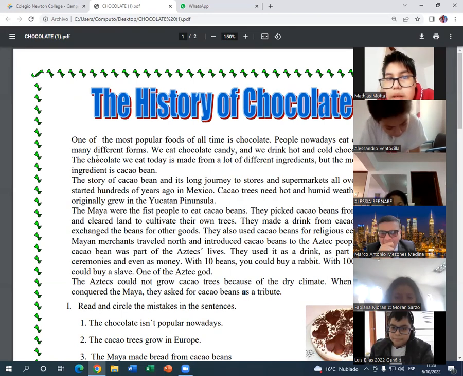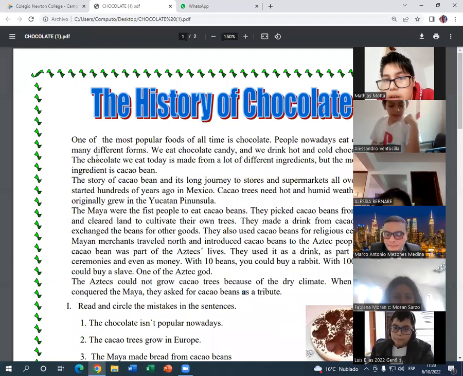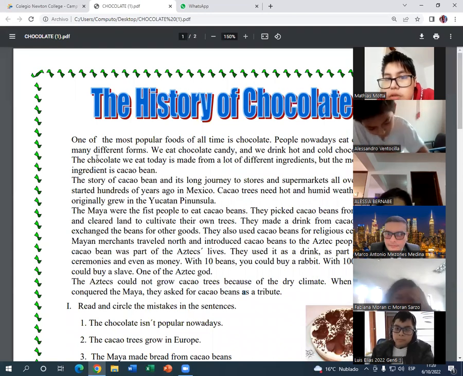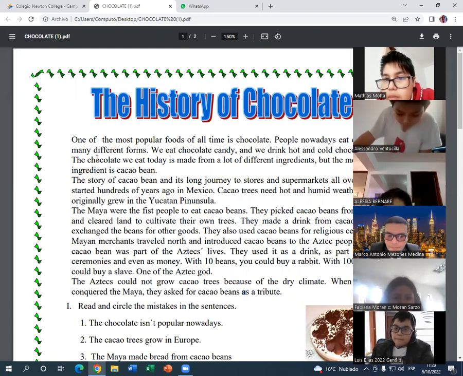Mayan merchants traveled north and introduced cacao beans to the Aztec people. Soon the cacao bean was part of Aztec life. They used it as a drink, as part of religious ceremonies, and even as money. With 10 beans, you could buy a rabbit.